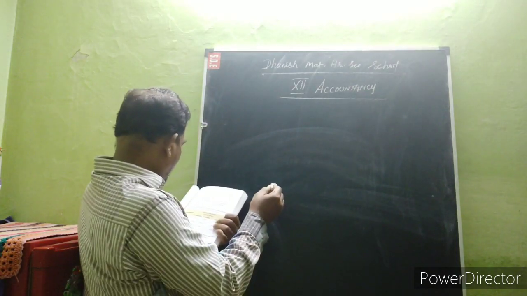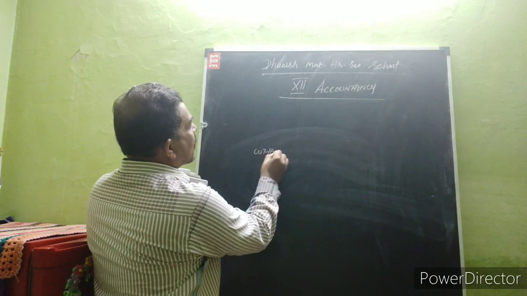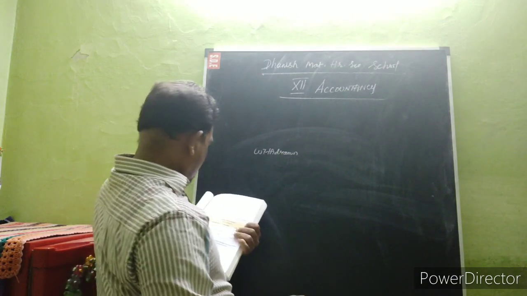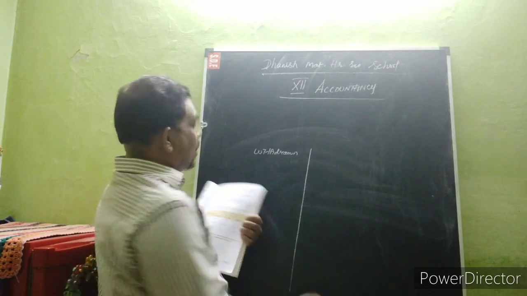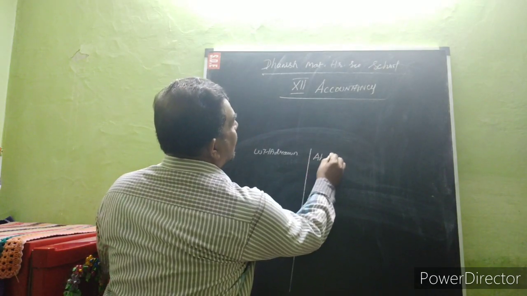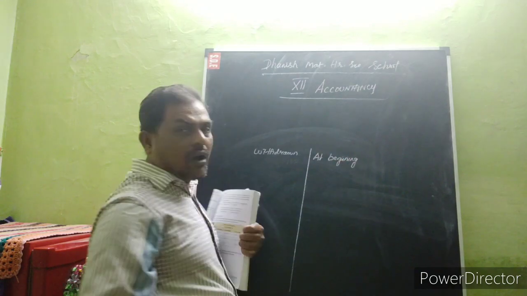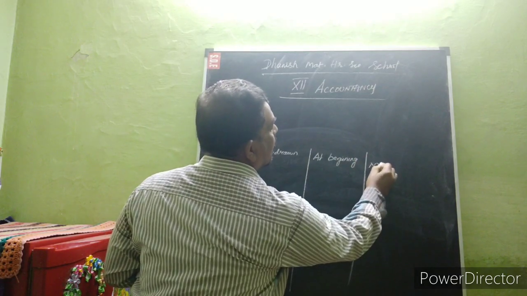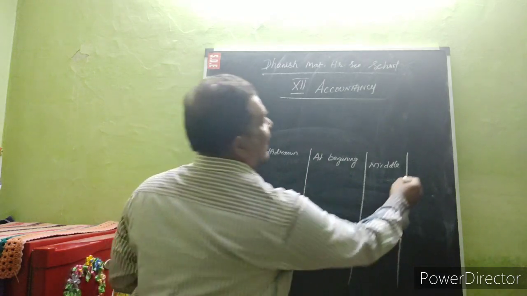First they have given amount withdrawn. That amount withdrawn may be at the beginning of the year or month, or middle, or the third one is at the end.